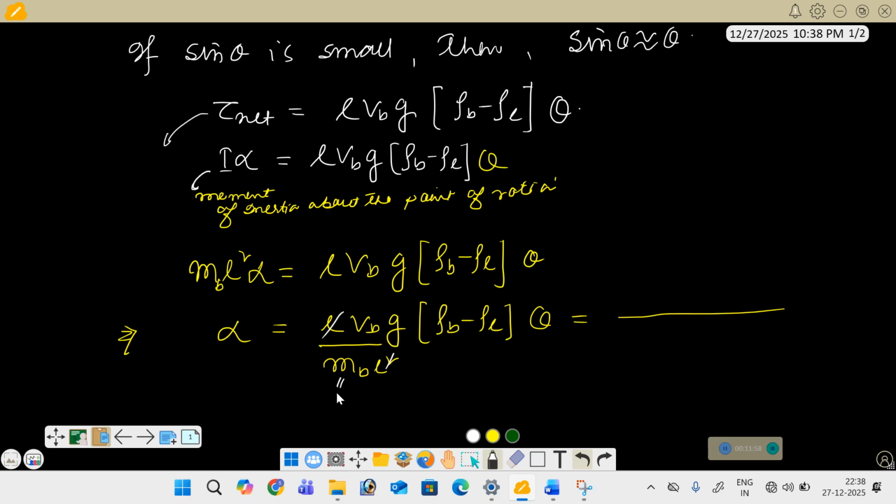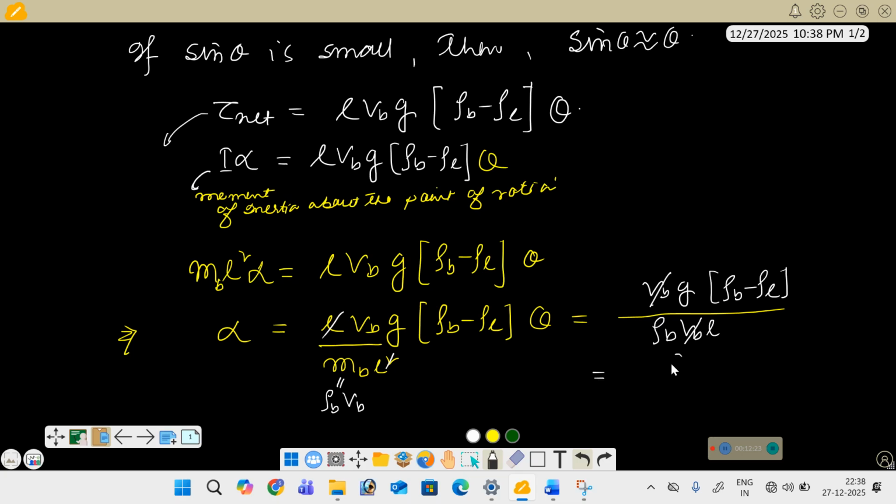For the mass of the bob, we can write density of the bob into volume of the bob. So Vb G (rho b minus rho L) over rho b Vb L, where Vb gets cancelled.